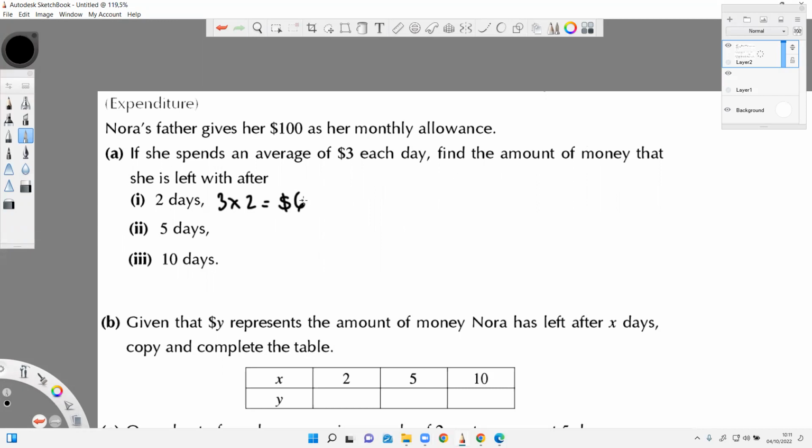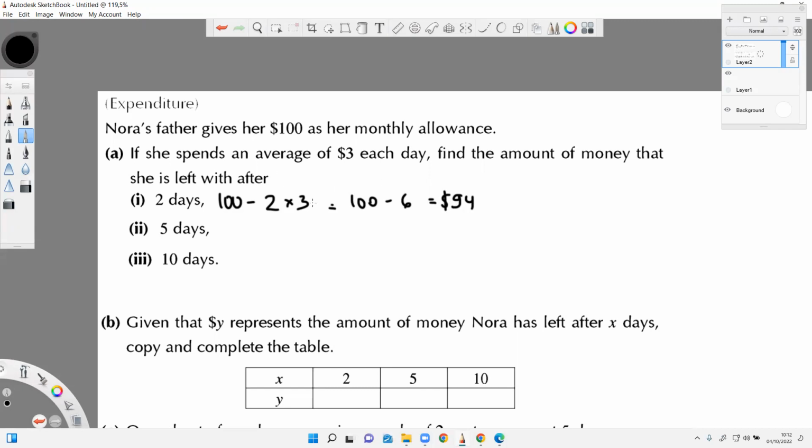100 subtract the amount of money she spends each day. Get it? So you just put 100 subtract 2 days times $3 each day. So 100 subtract 6, which is $94. Why? Because the question is asking for the amount of money that she is left with, not what she spent.